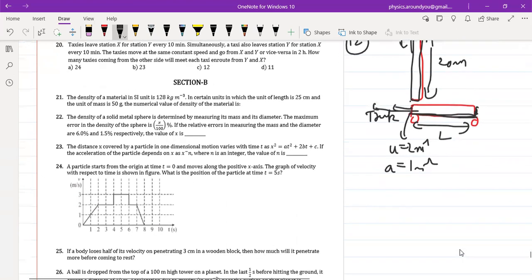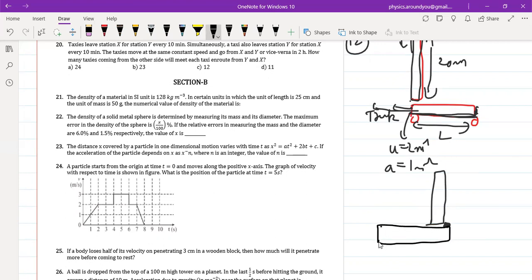That means the stone would have just missed if the stone landed when the front end moved a distance L. Initially, the front end was over here. The front end moved now a distance L so that the stone just landed at the back of the truck.